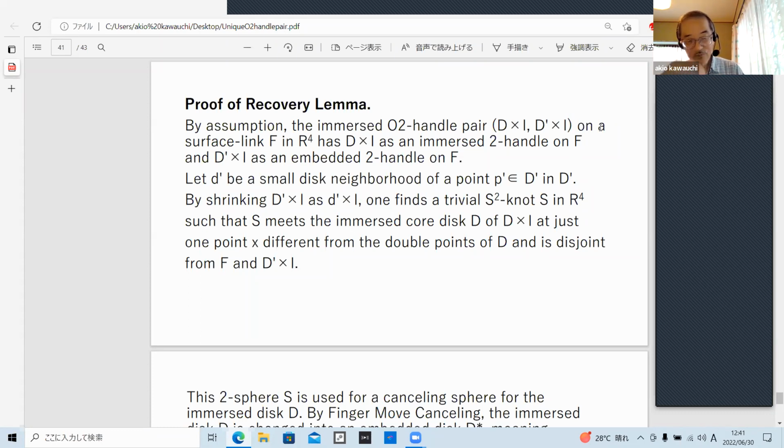In this case, some two spheres intersect transversely at one point. Such a two-sphere is obtained, and some such cancelling is possible, and we will get the embedded 2-handles. So that is the idea.